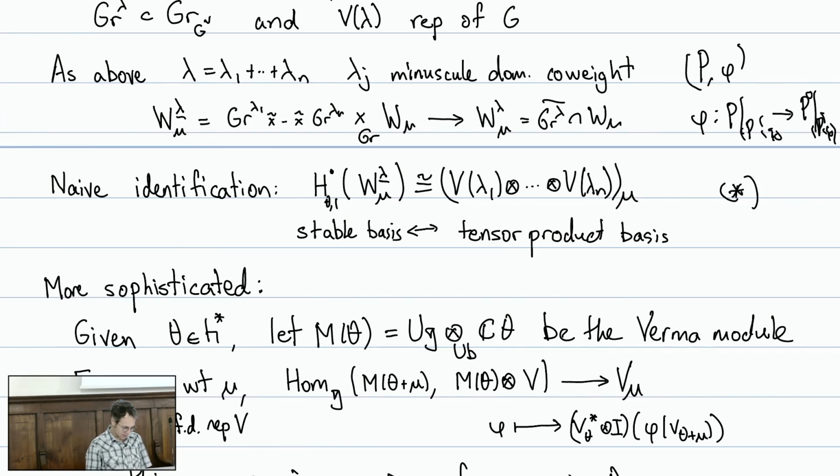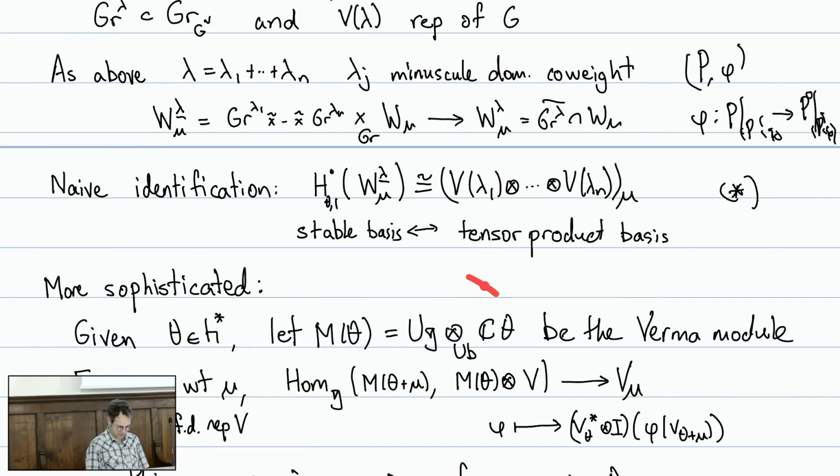So first of all, there's this general construction. Given an element in the dual of the Cartan, you can always form a Verma module. So Verma module means you take the module freely generated by some vector of weight theta, which is a highest weight vector. So the Cartan acts on the vector by the weight theta, and all of the upper triangular part of your Lie algebra annihilates the vector.